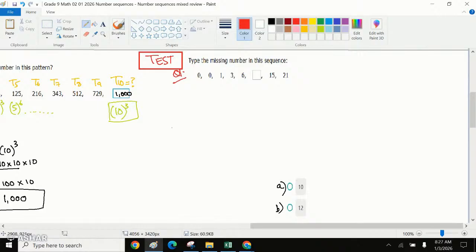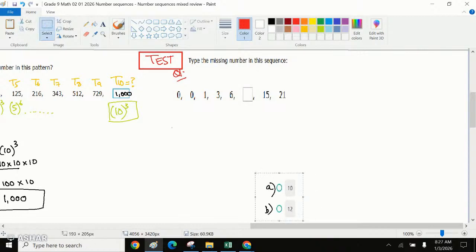Okay, so they are asking us to type the missing numbers in the sequence. We can see that the sequence is starting from a 0, right? 0, 0, 1. That means it cannot be multiplication in any case. Agreed? Because if we have multiplication there, it would become a 0 itself.